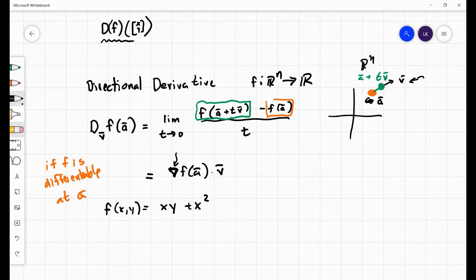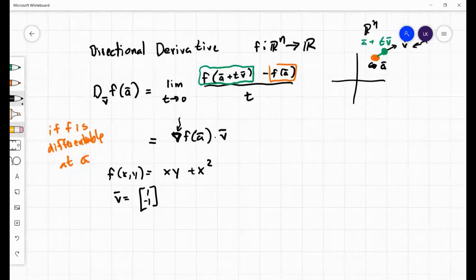Okay, we'll use the same function as before. We're going to find a directional derivative of the function in the direction of the vector 1, -1 at the point 1, 2.